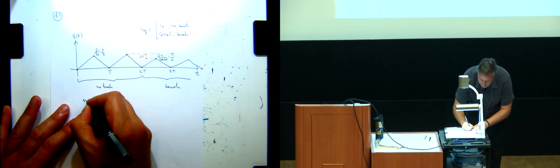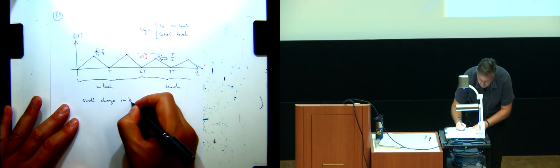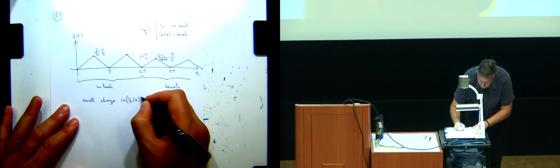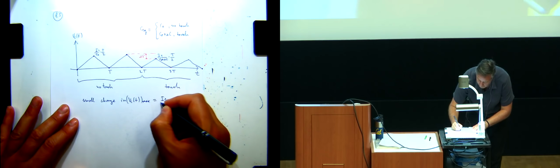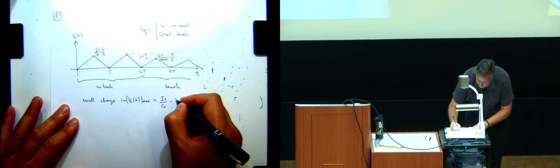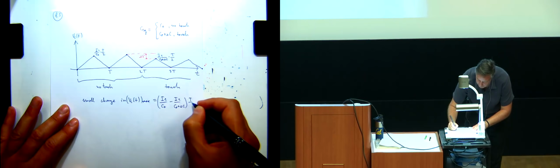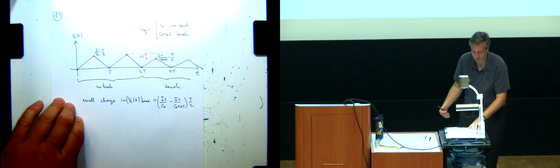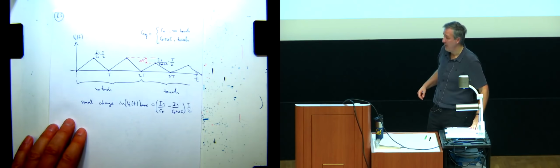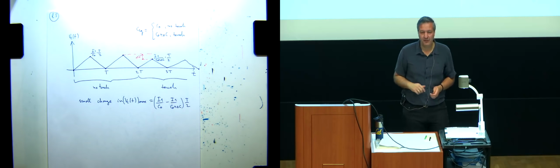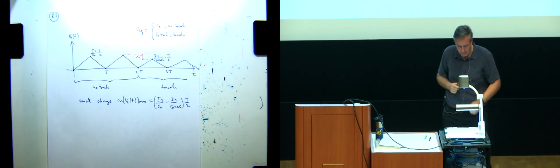So this small change in voltage max, right, is I1 over C0 minus I1 over C0 plus delta C times T over 2. Or you can even take out I1, doesn't really matter. It's a small change because delta C is typically small. You'll see in the lab when you add a finger, it's not going to add that much capacitance. Right? Okay.